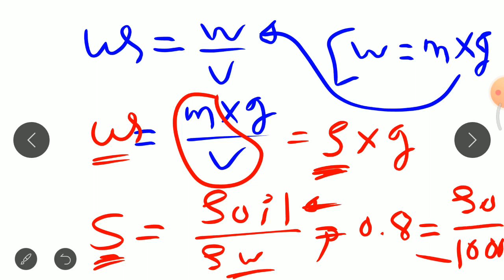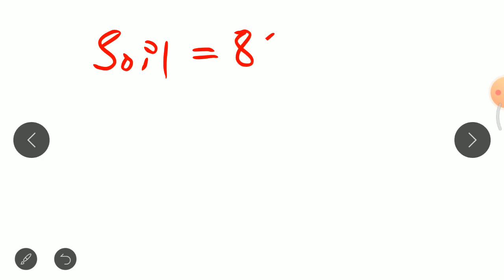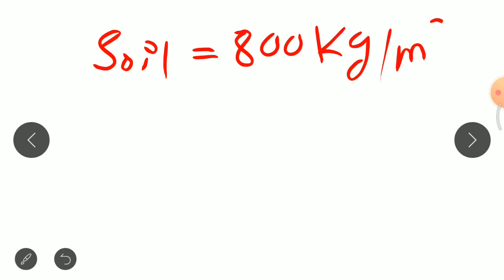Okay, now multiply 1000 by 0.8, so we will get rho of oil, and it is equal to 800 kg per meter cube. So I will write here rho of oil is equal to 800 kg per meter cube.